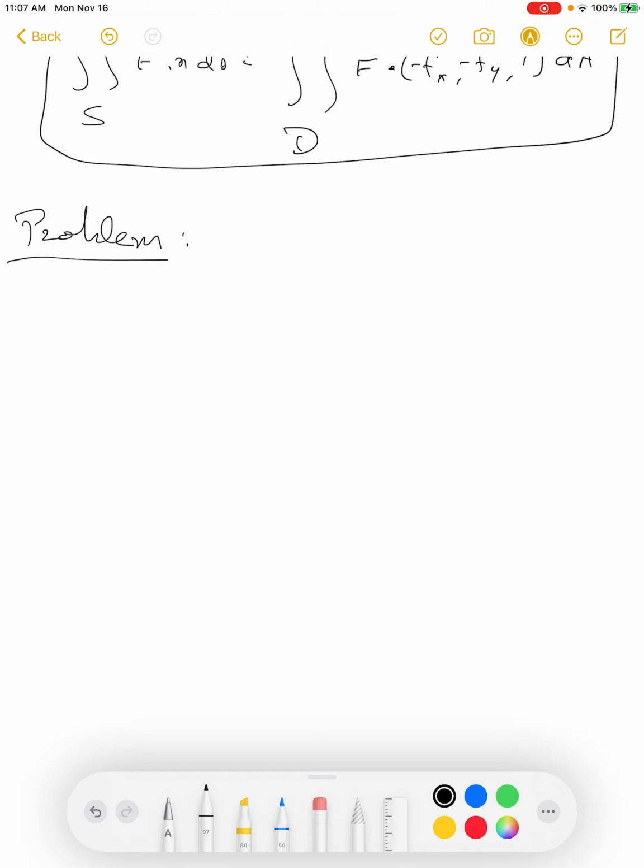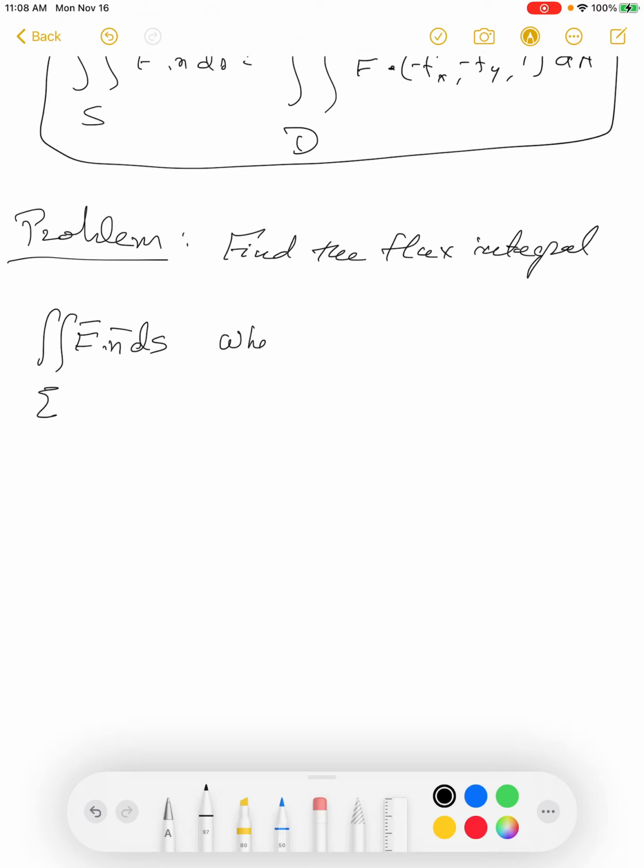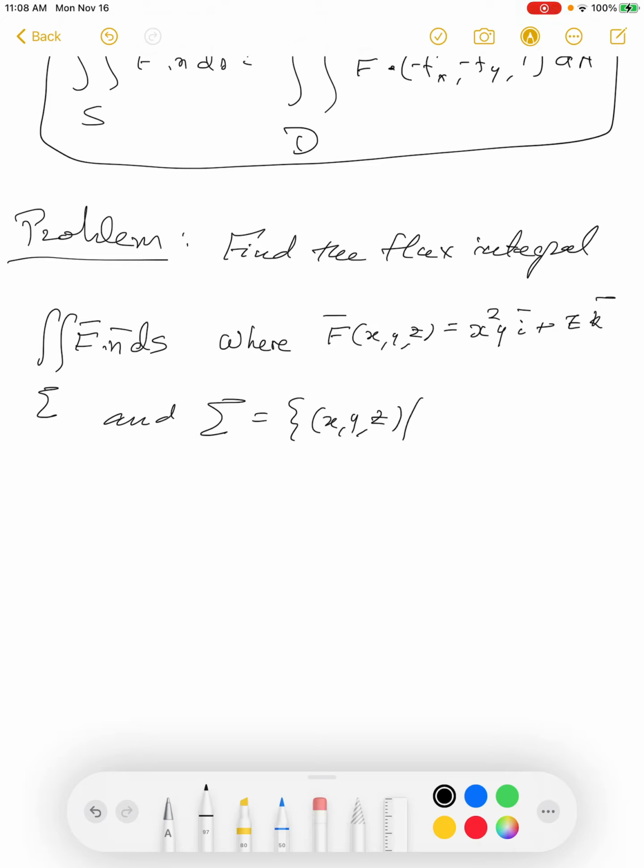So let's calculate some flux integral. Find the flux integral of f bar dot n bar ds over sigma, where f bar of x, y, z is x square y i bar plus z k bar, and sigma is the surface of a triangle.